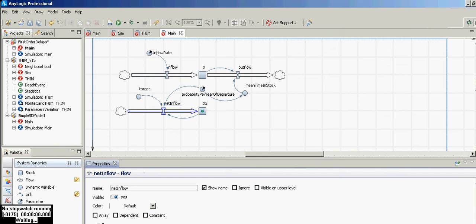At the net inflow of what? Zero. And that will be achieved when what equals what? Target equals X2. So when X2 reaches target, it won't need to change anymore, right? Do people understand that? Okay.